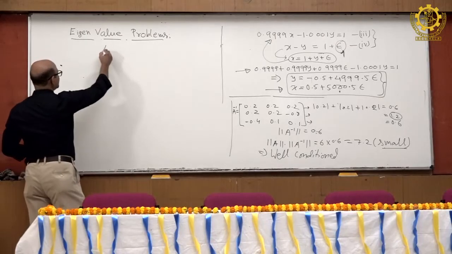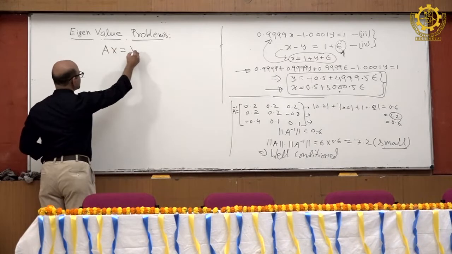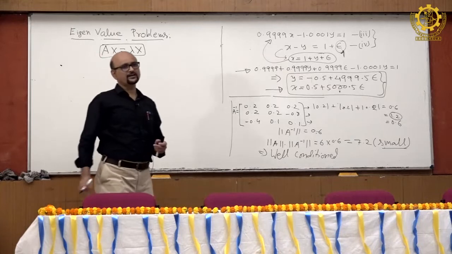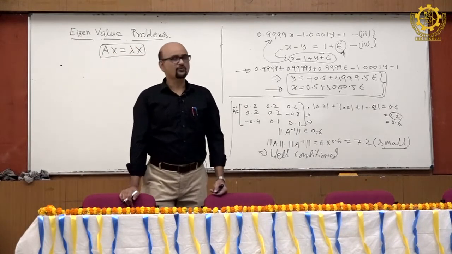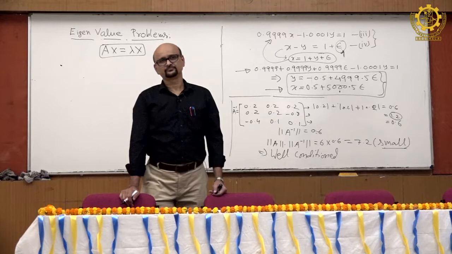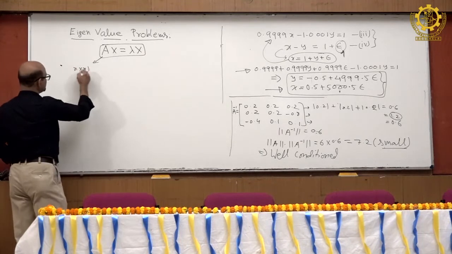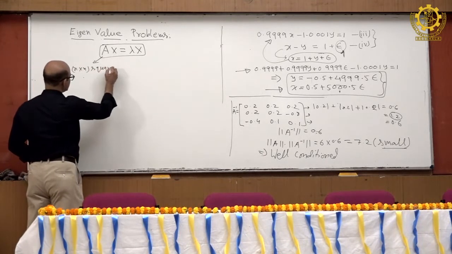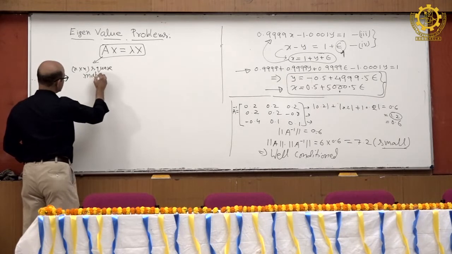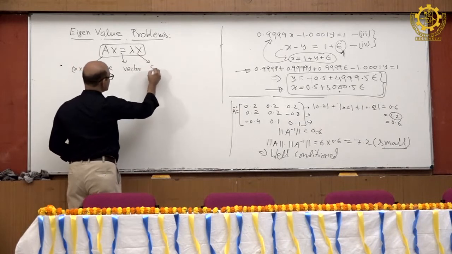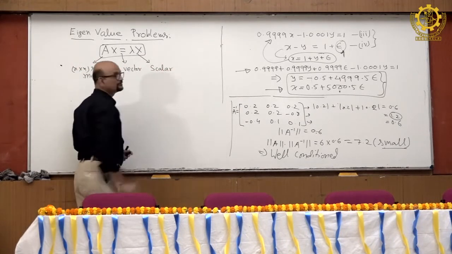We define the eigenvalue problem as A x is equal to lambda x, where A is a square n by n matrix, x is a vector, and lambda is a scalar. Fine.